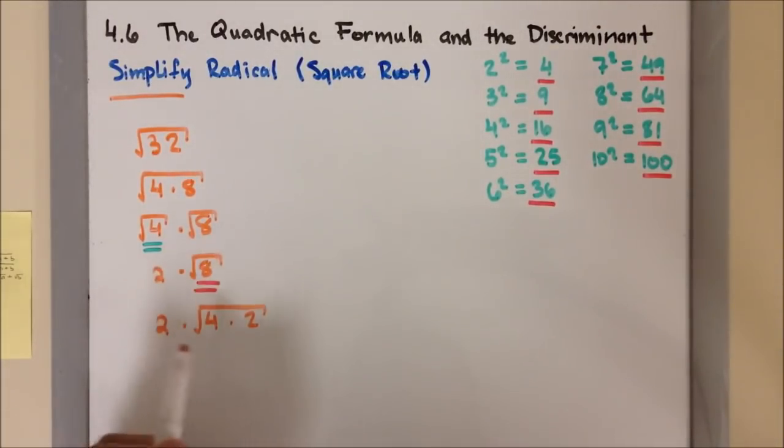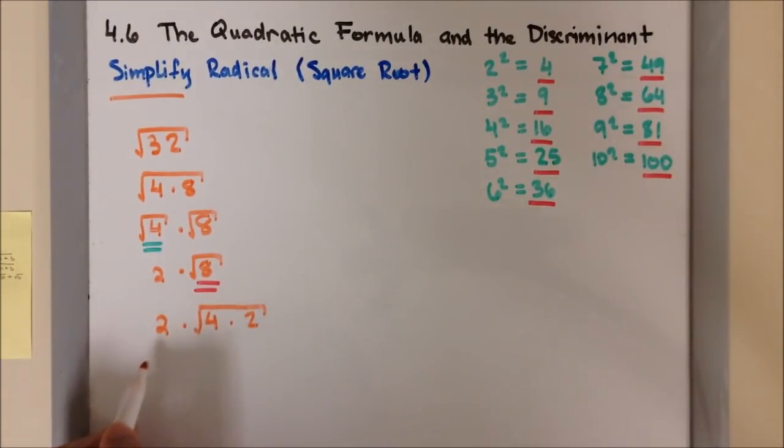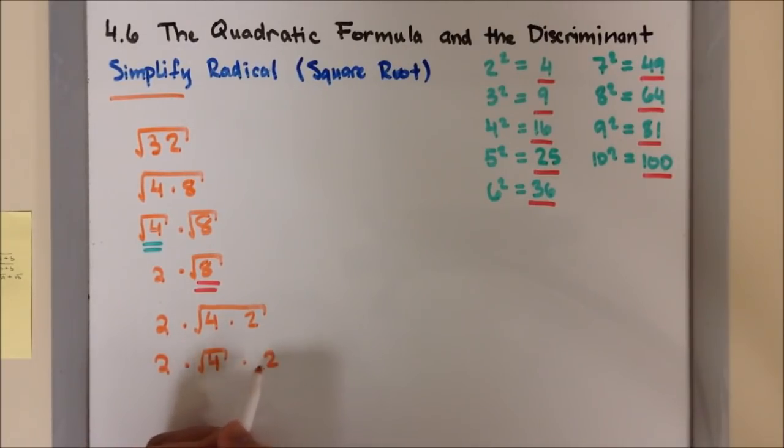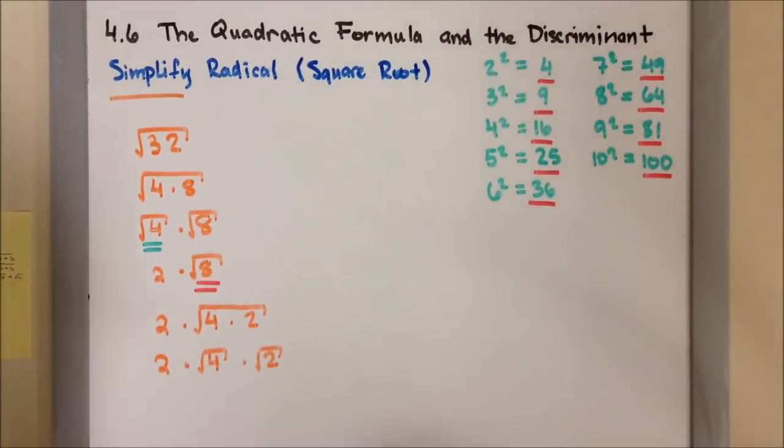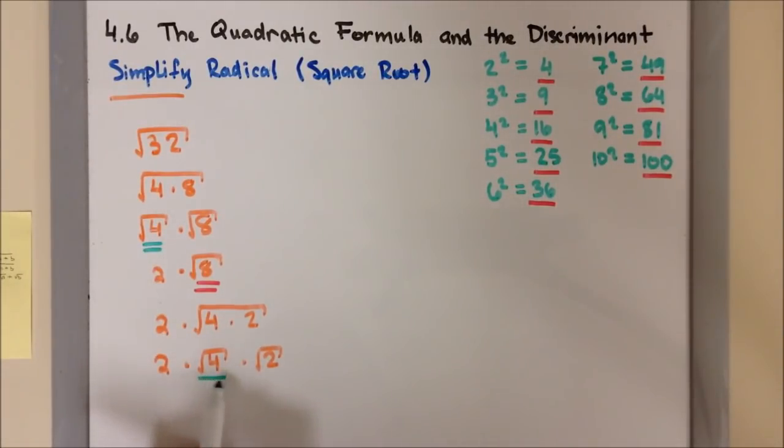So again, I broke down the 8 into 4 times 2, where 4 is a perfect square number. So I'm going to split it into two square roots. So this is going to be 2 times square root of 4 times square root of 2, just like that. Now the only one that I can simplify is this square root of 4. So it's going to become 2 times square root of 4 is 2. You cannot simplify square root of 2 without converting to a decimal, so it will stay the same, just like that.